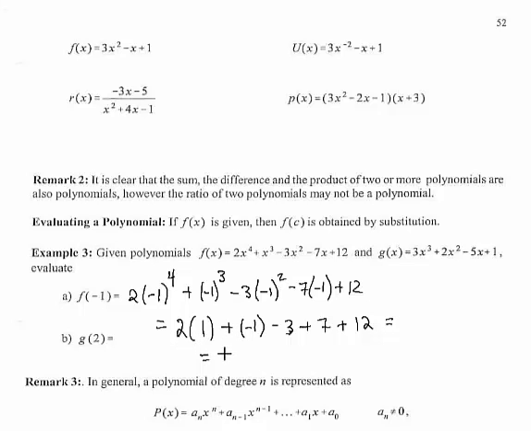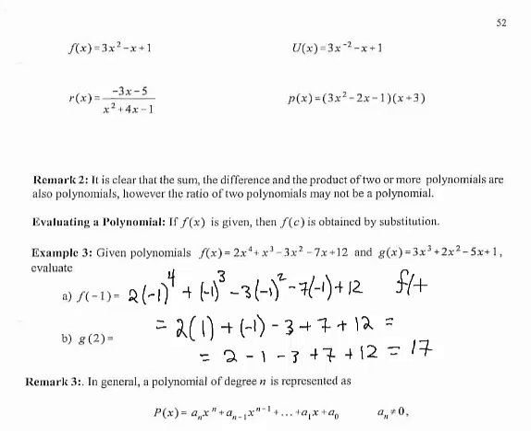I have 2 times 1, passing back through the expression. 2 times 1 is 2, plus a -1 is subtract 1, then I subtract 3, add 7, add 12. So 2 minus 1 is 1. Take away 3 more, I get -2. 7 minus that 2 is 5. 5 plus the 12 results in a 17.